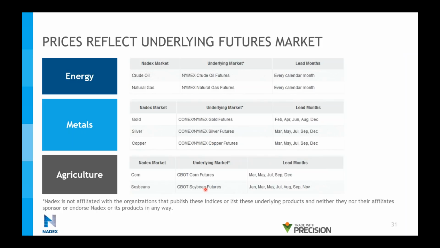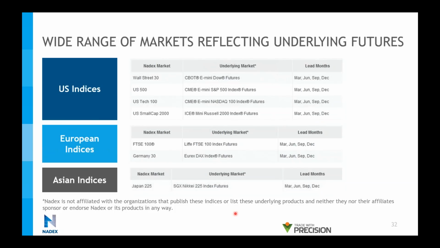Clear structure, clear time and sales, absolute transparency once again for those futures markets. Same thing is true here for the indices. The Russell, Nasdaq, S&P 500, Dow Jones, FTSE, German DAX. Once again, all those are really the major futures exchanges here, where pricing information is taken from.